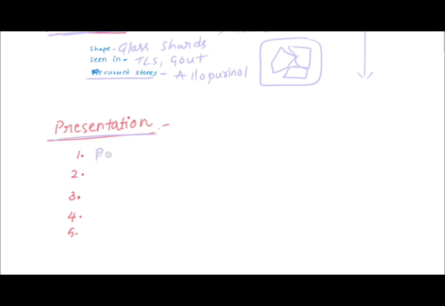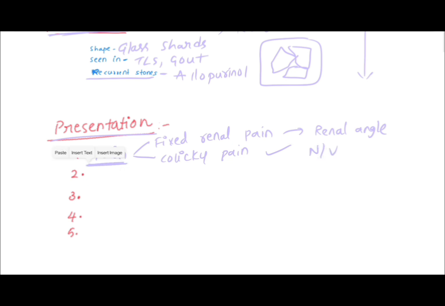And how do renal stone patients present? So mostly they will present with pain. It can be of two types: fixed renal pain in the renal angle, and colicky pain, which is a waxing and waning type of pain associated with nausea and vomiting. So it is one of the clinical features.